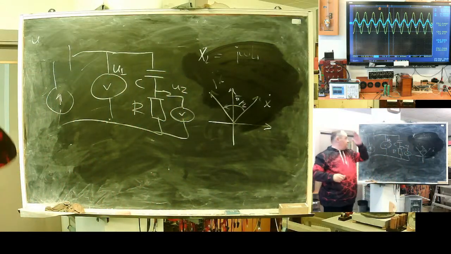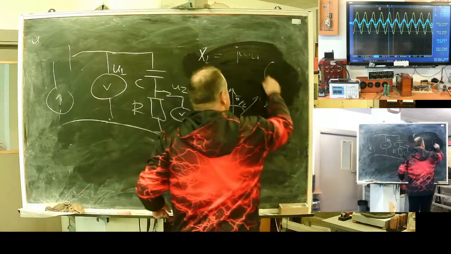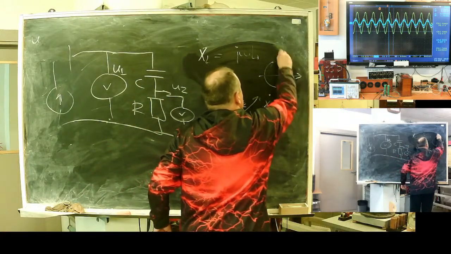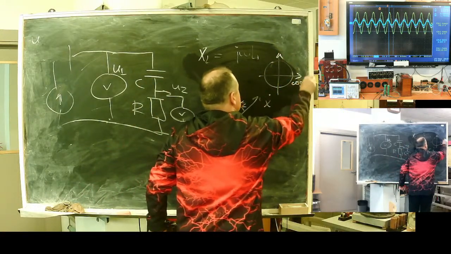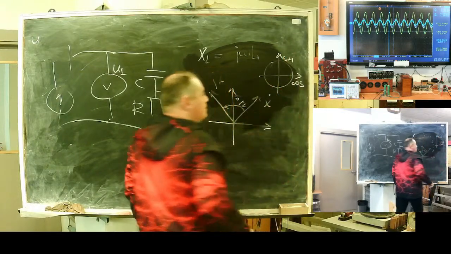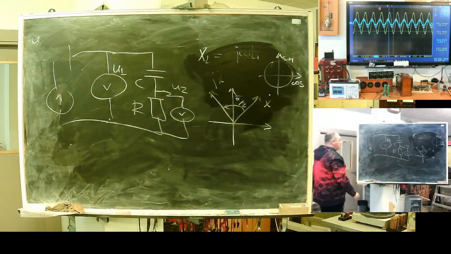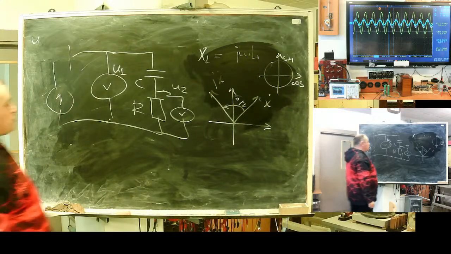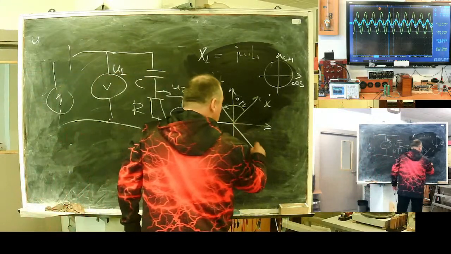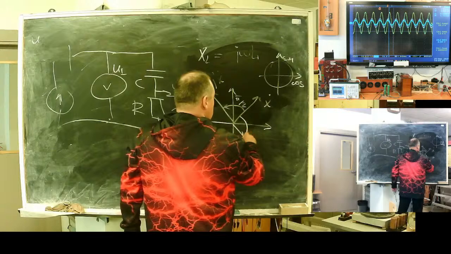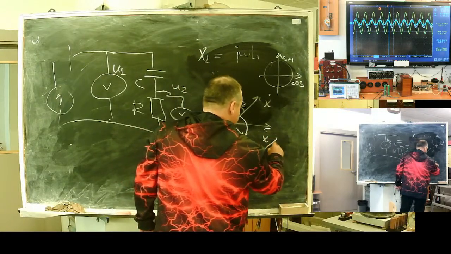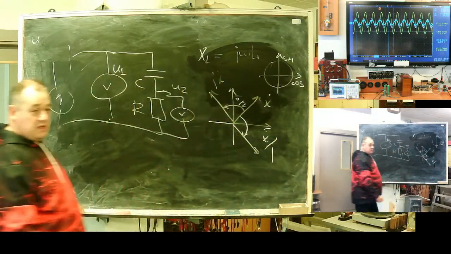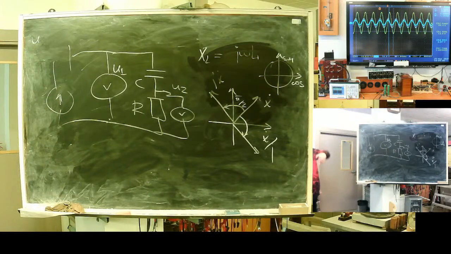Sine and cosine, remember this circle? Cosine, sine, 90 degrees. Every school must have it. And in opposite, dividing by square root of -1 means turn backward.